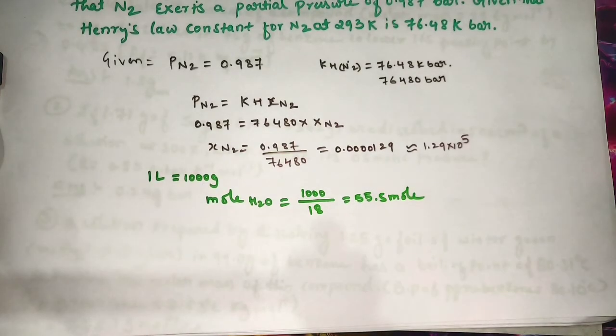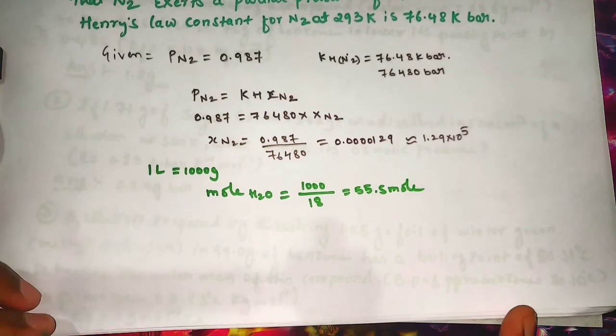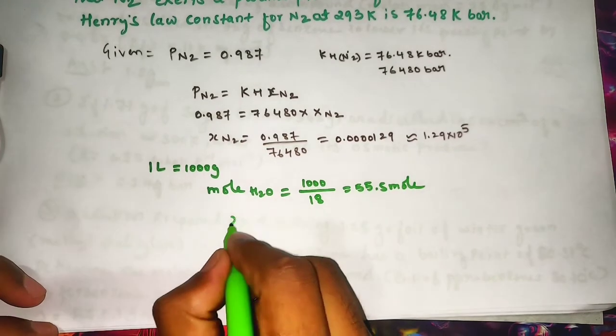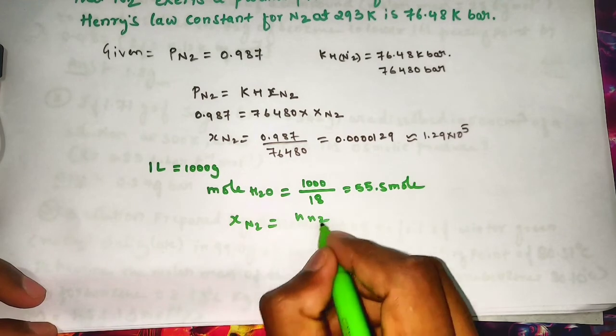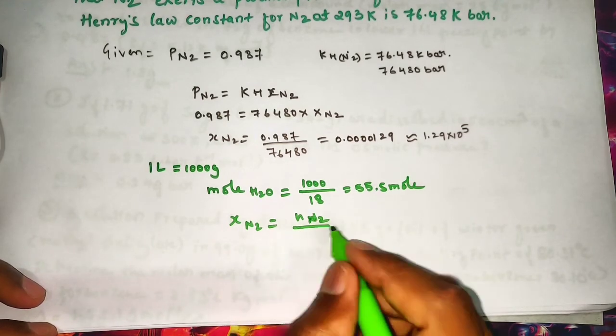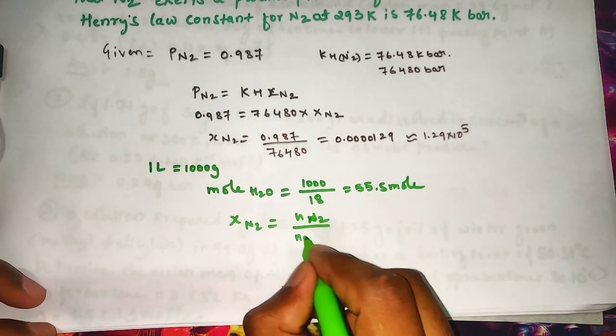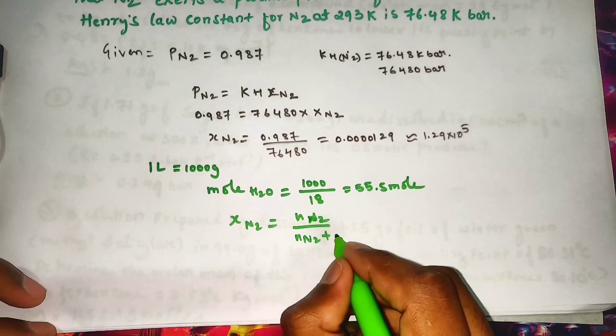By knowing the moles of water, we have to calculate the millimoles of N2. We have a formula, XN2 is equal to NN2, the number of moles of N2, upon NN2 plus NH2O.